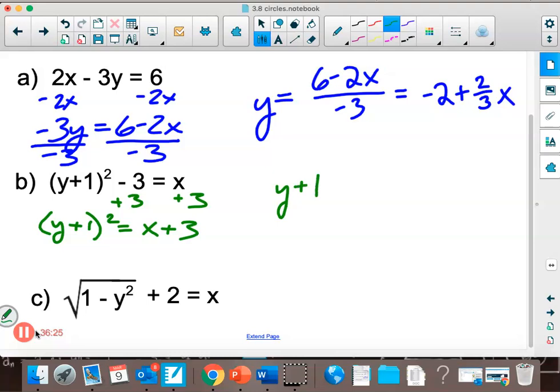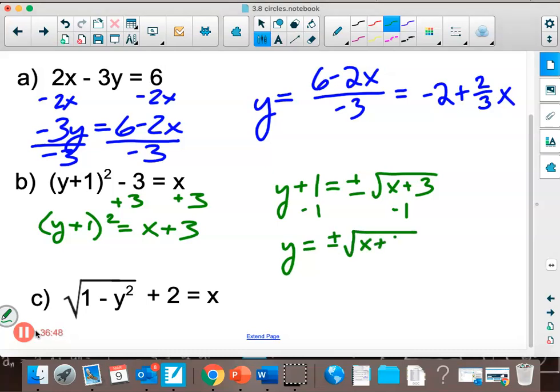Y plus 1. When I write the square root of this side, what has to go in front of it? Plus or minus. What's the last thing I have to do? Subtract 1. So I end up with y equals plus or minus the square root of x plus 3, minus 1.